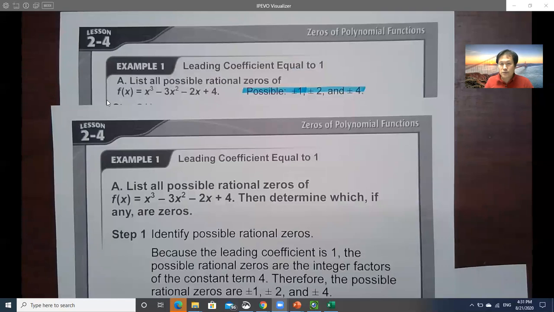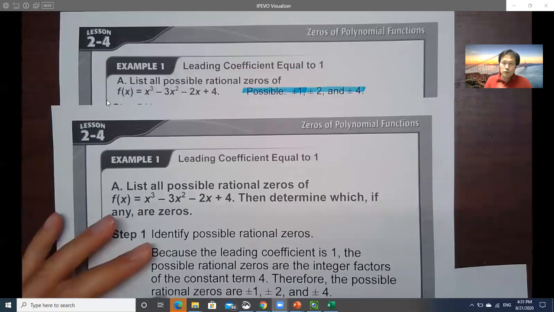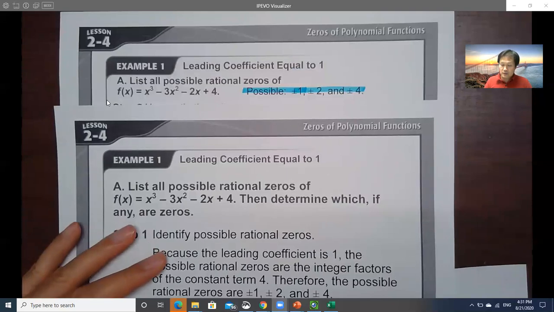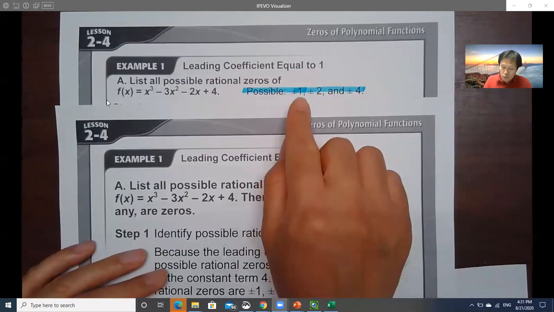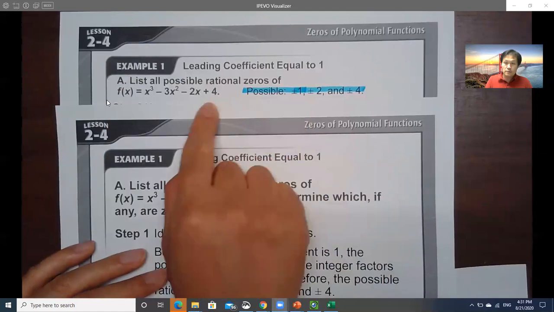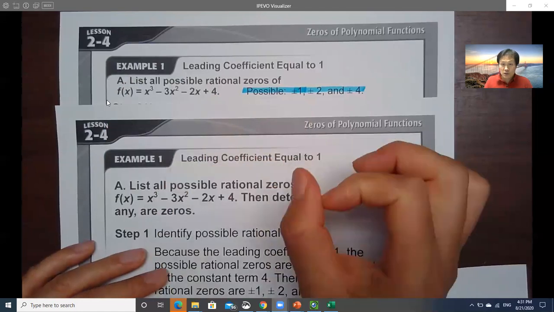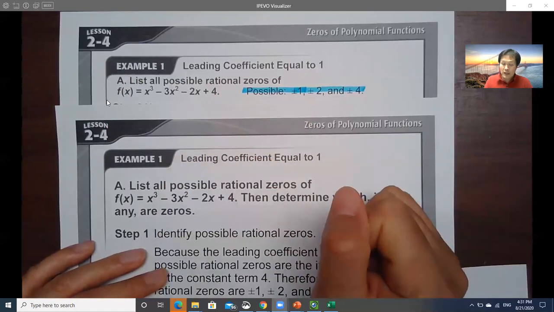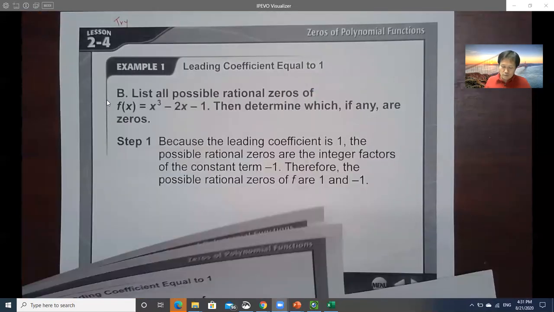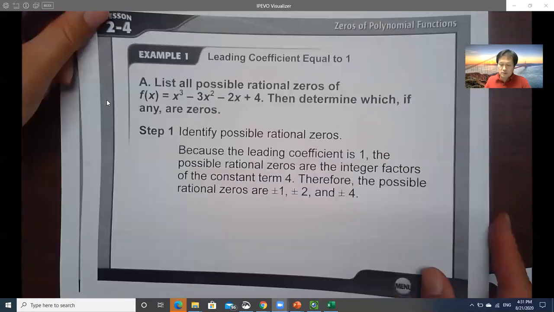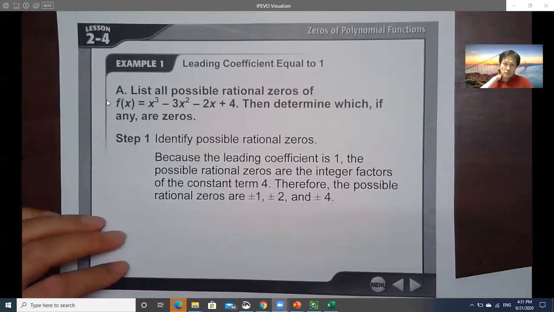How are we supposed to tell that? Well, we learned that last class. You do synthetic division with 1, and the remainder has to be 0. Then 1 is an actual zero.